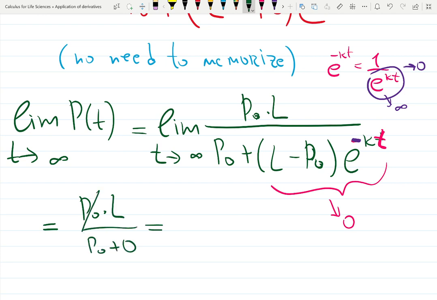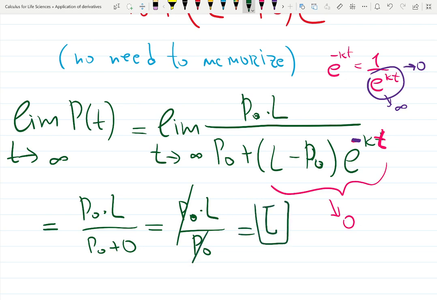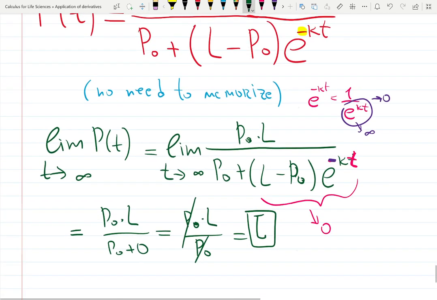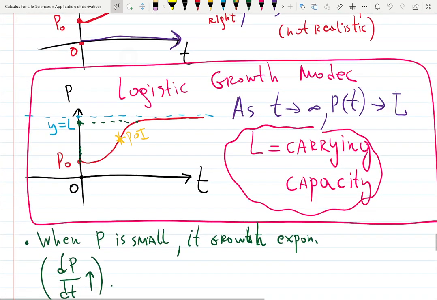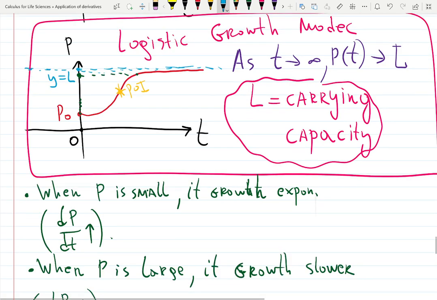P sub 0 L over P sub 0 cancels, and it gives you L like we expected. On the right, on the graph, as you can see, the logistic growth model levels off up to the ceiling, which is L, the carrying capacity.